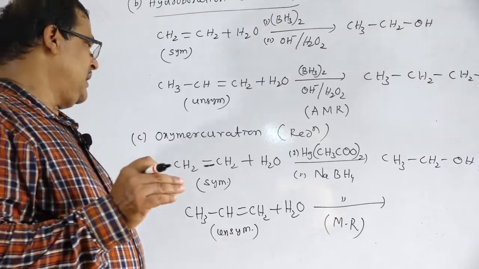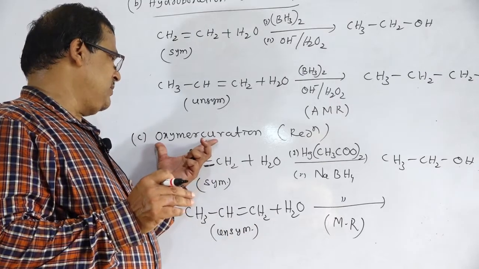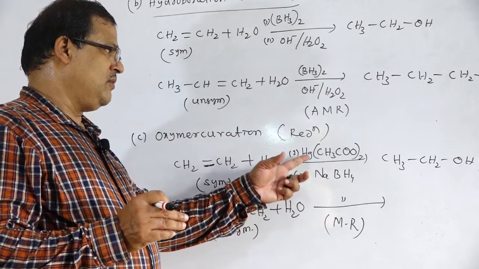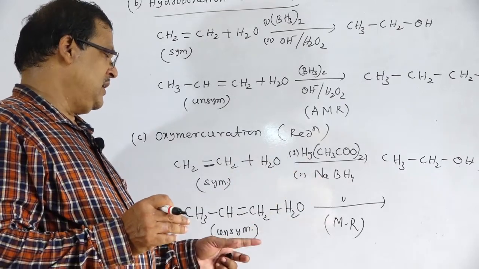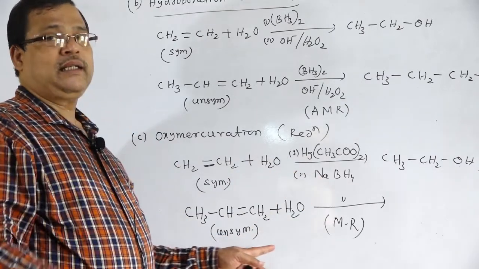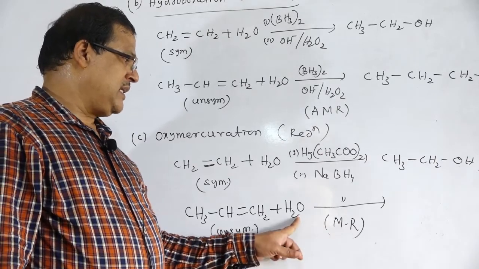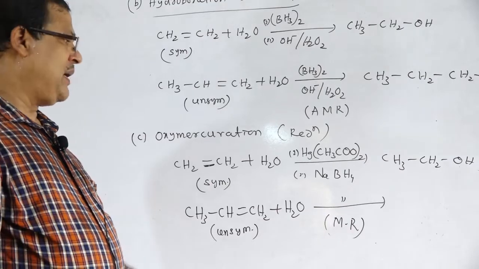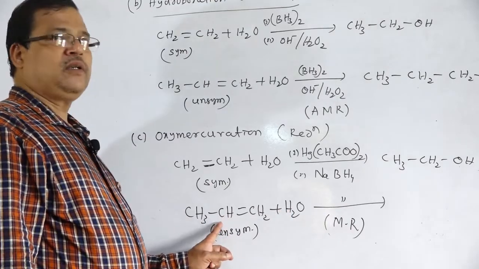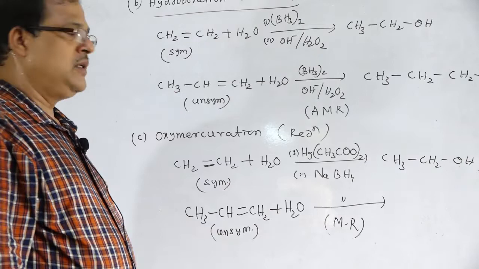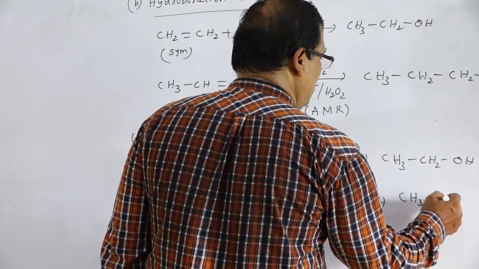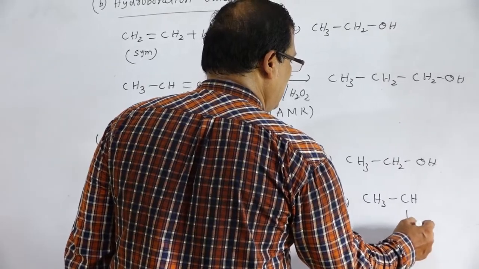But in oxymercuration, demercuration, that is oxymercuration followed by reduction, in the case of an unsymmetrical alkene the net addition of water obeys Markovnikov's rule. That means the negative part will be added to that carbon atom which contains less number of hydrogen atoms. So the product will be isopropyl alcohol or propan-2-ol.